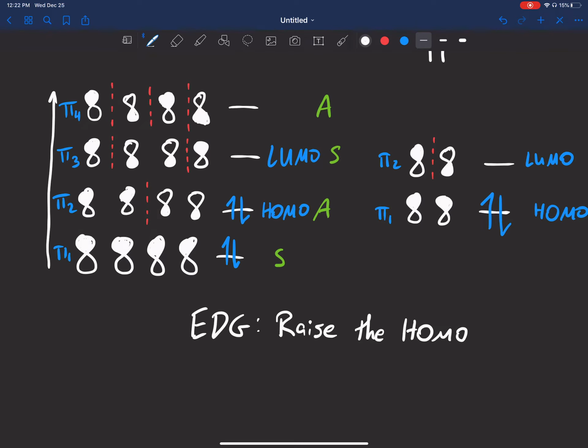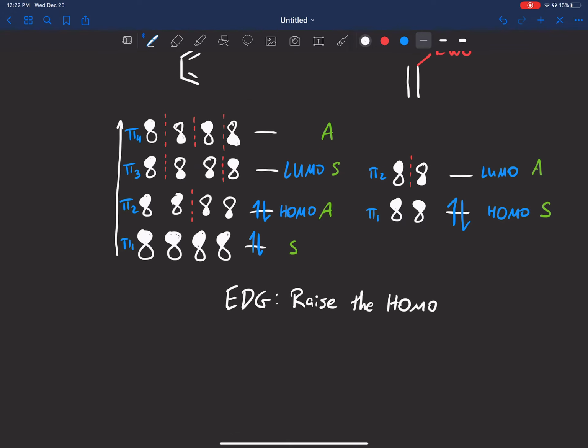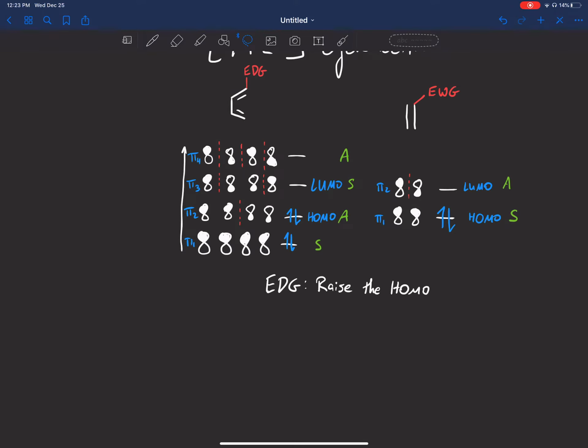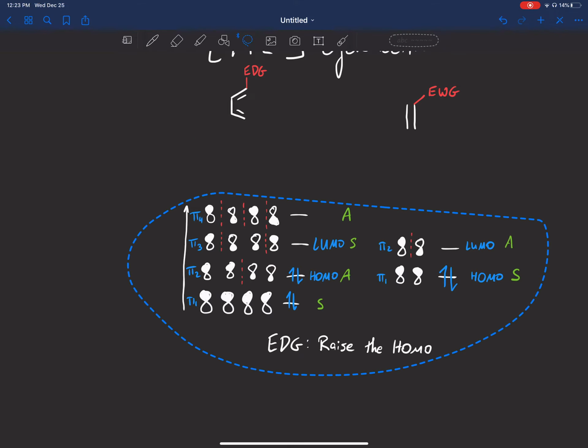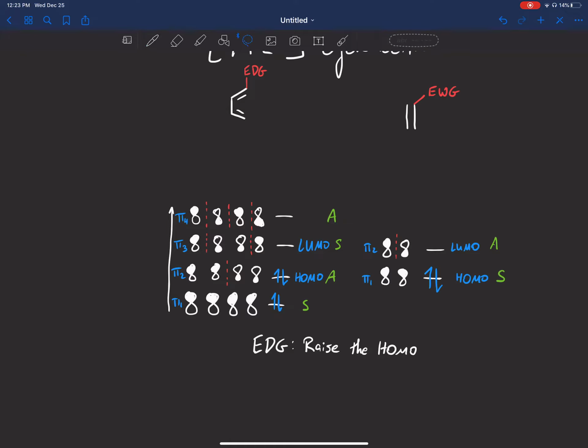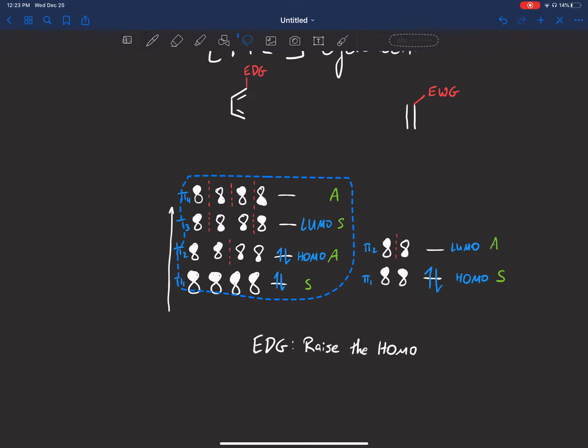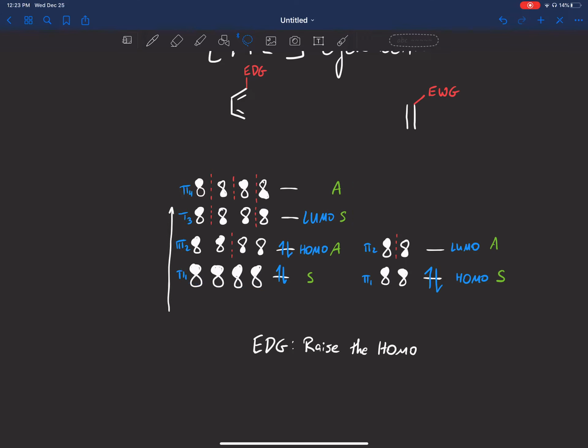All right, and they don't just raise the HOMO though. We can't raise the energy of simply one orbital. So I can't just take the HOMO and shift it upward. What's going to happen is it raises this entire thing up.